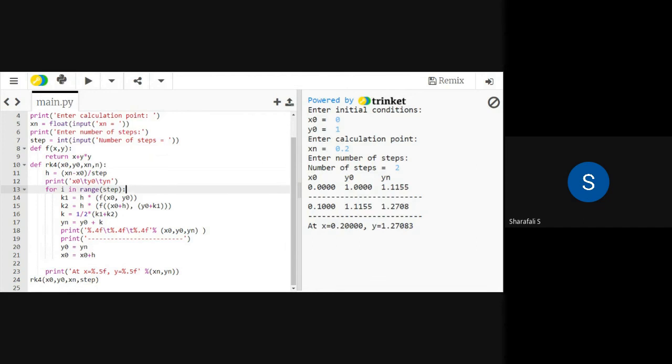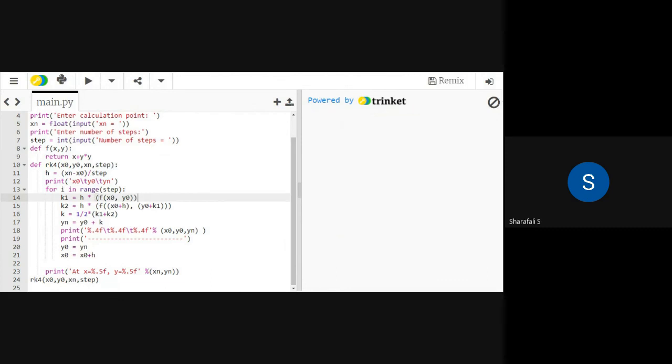You can change that here. You can provide steps. We just provide the same variable here, step, because I am providing step here. Okay, so everything is right.